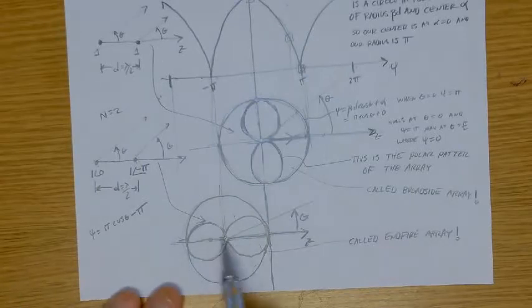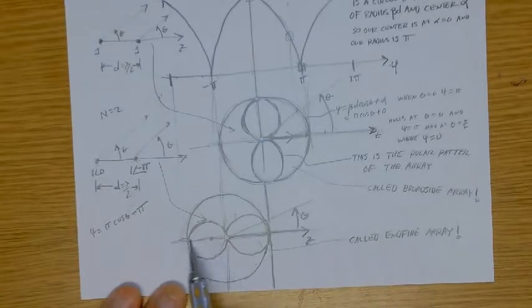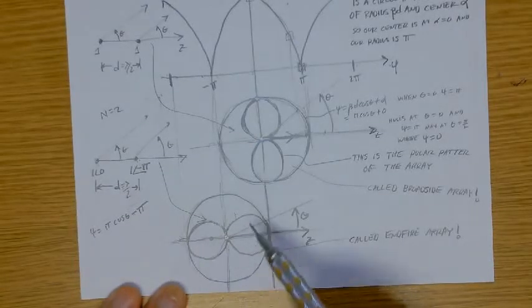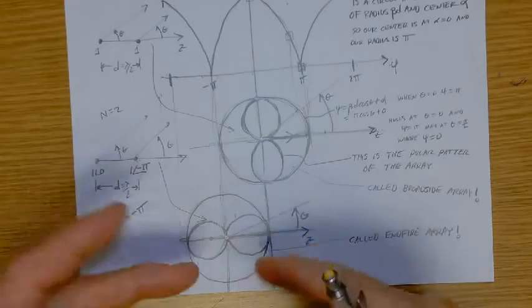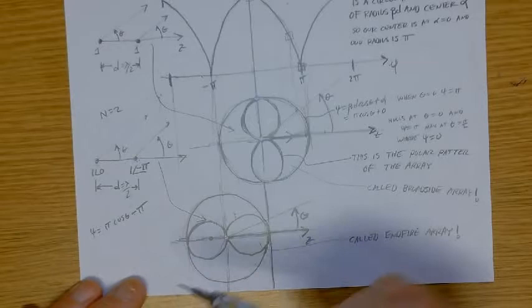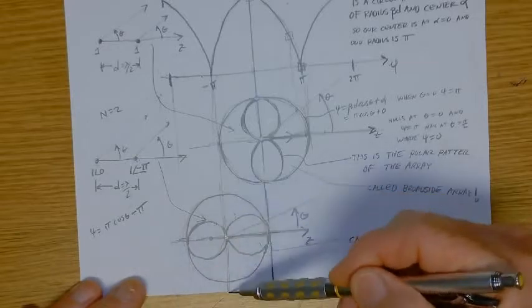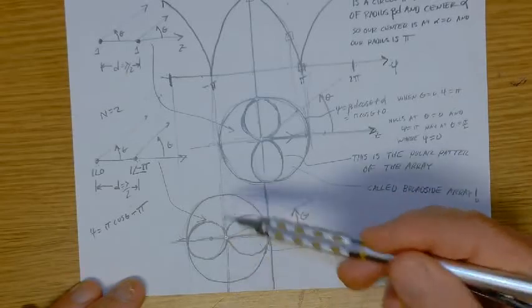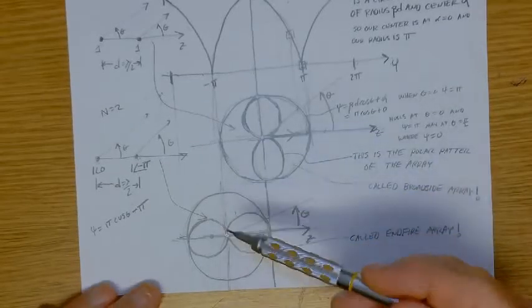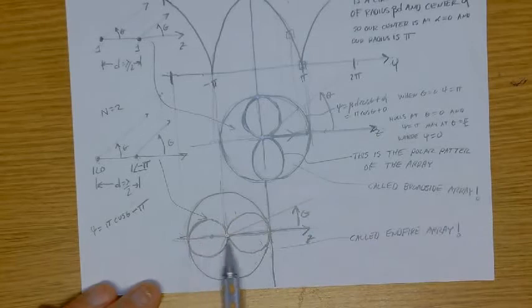Down here, for the case where it's in fire, the three-dimensional pattern is spun about the z-axis. So you spin this, and then in this plane you get a null. So no matter where you go around the array this way, you're going to get a null.